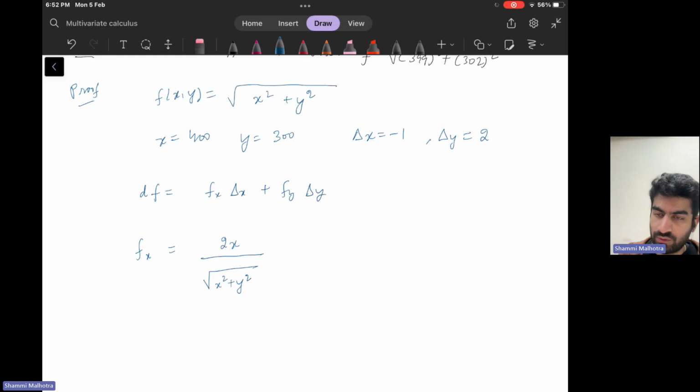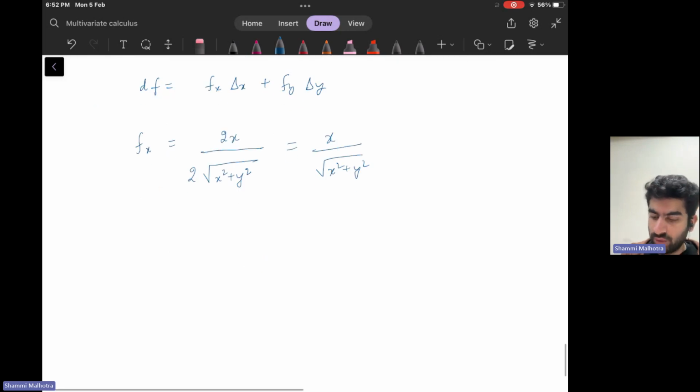This comes because this is just a square root, so I know how to handle a function which has a power. So this turns out to be x divided by the square root of x square plus y square.